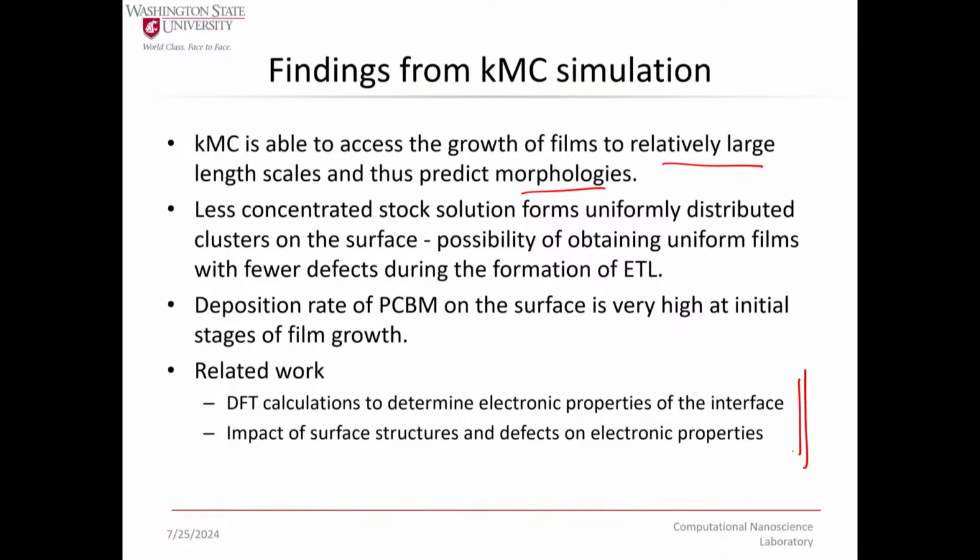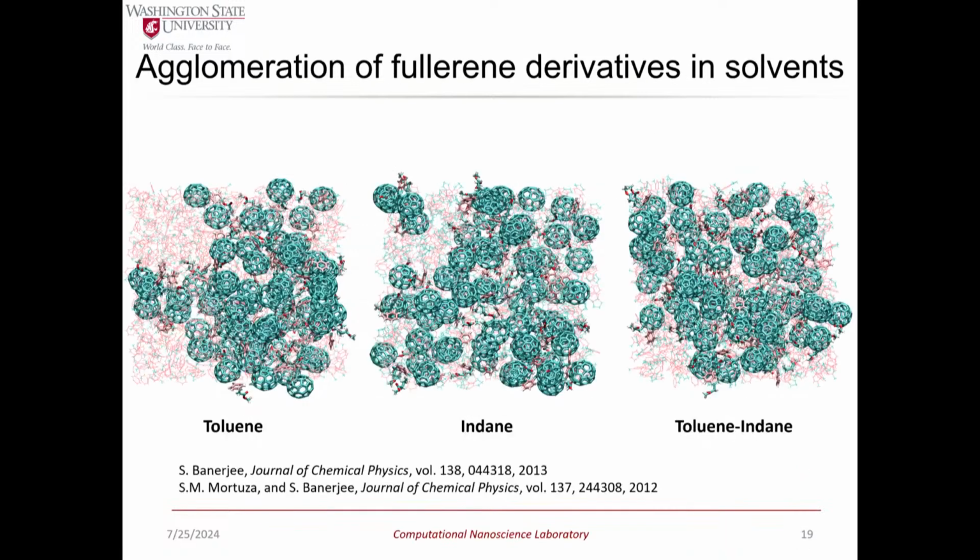A couple of related things that I have already presented here are the electronic properties of the interface that you get in the film. And while I'm not presenting it here, we have looked at the band structure of the interface of the PCBM and perovskite. It's a complex system. That's the follow-up of this, something that we have done, but I'm not presenting here.